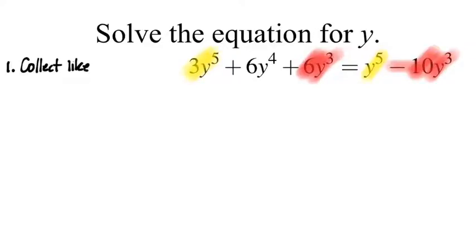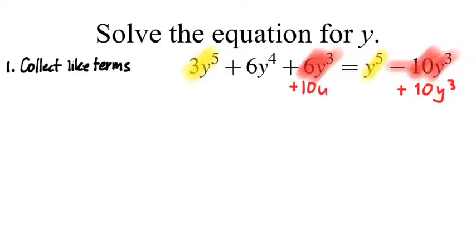Yeah. So to collect these like terms, the way I usually think of it as a mathematician, I like to think of it as moving the terms from one side of the equal sign to the other. And how I move the negative 10y to the third, for example, from the right to the left, is I should add 10y to the third to both sides.